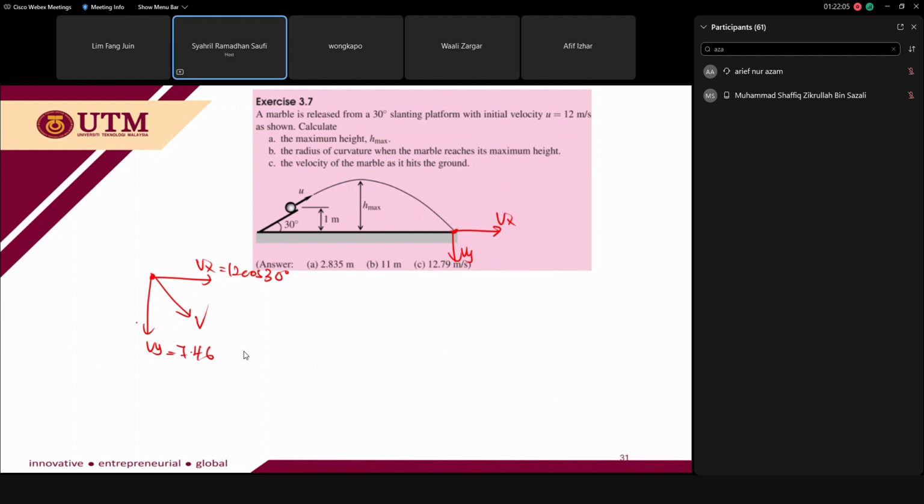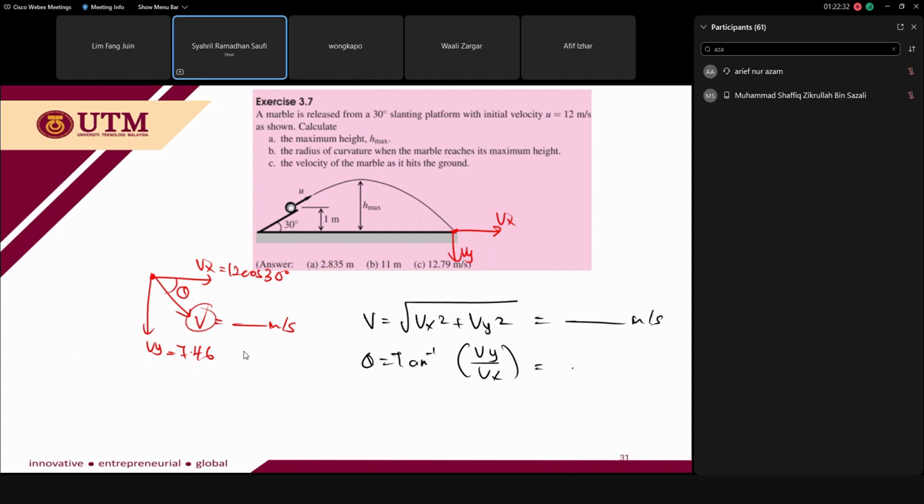Since V is your velocity, you have magnitude in meter per second and also direction. V is equal to the square root of Vx squared plus Vy squared, and theta is equal to tangent inverse of Vy over Vx. This is the magnitude and direction of V at the ground as it hits the ground.